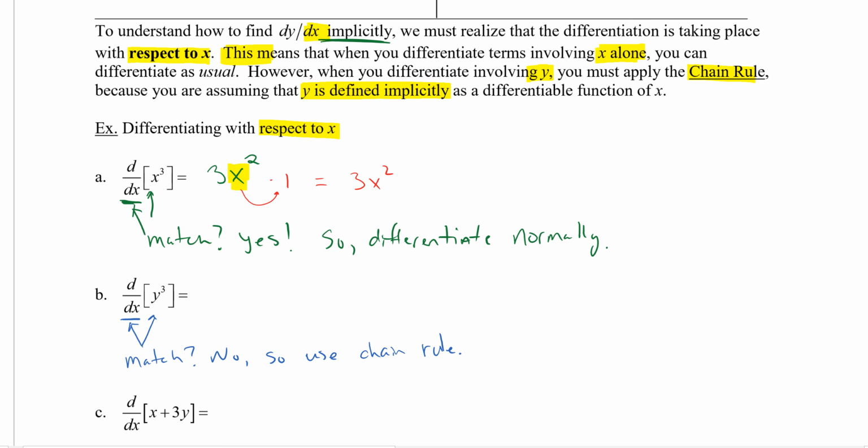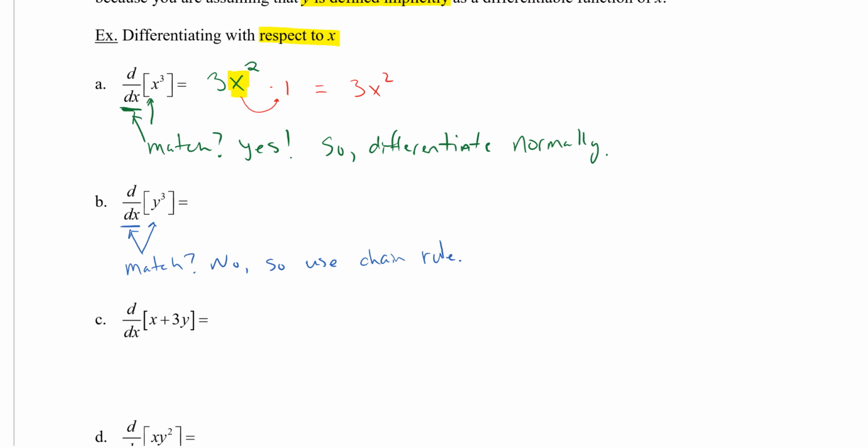Okay, now let me show you what that means using chain rule. So let's just take the derivative, like let's pretend that y is x. Drop the 3, keep the y, make the cube into a square, and then take the derivative of y and multiply it to the outside. That's chain rule, right? Like the way we did it here.